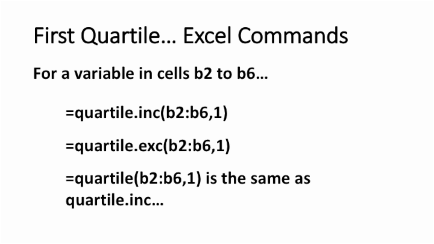So I guess you could say that if the user does not specify which approach to use, Excel will use the approach of including the median when it's calculating the first quartile. If you're a student taking one of my classes, you should use this approach of including the median in the bottom half of the distribution, which means that you can use the plain old Excel formula equals quartile, and then you put in the range of data, comma 1. Of course, those are in parentheses.